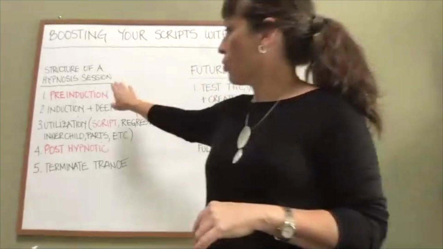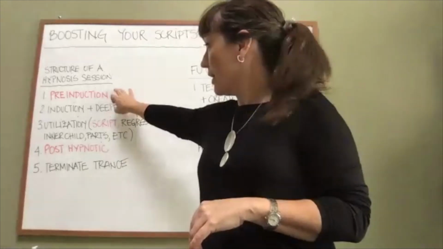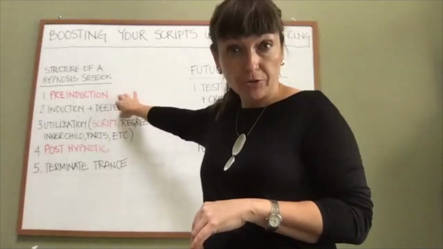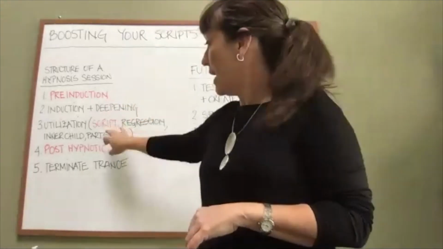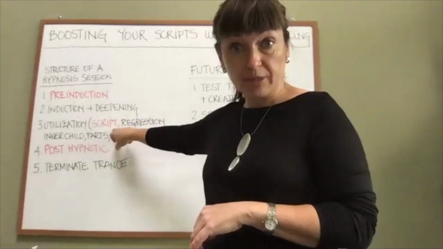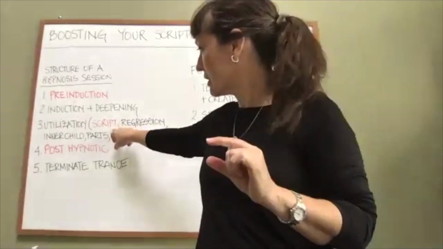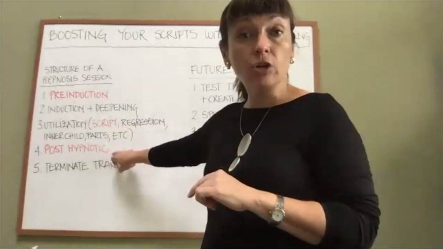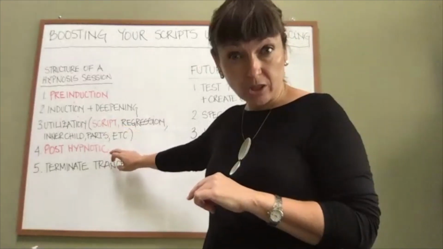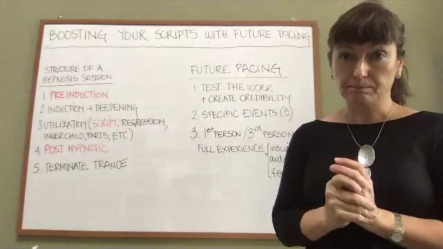So we're going to be getting the information during the pre-induction, and I'll give you some questions of how to do that, how to get that information. And then we'll be putting that information in the script itself, and we'll be looking at that script on ego strengthening and how to do that, and creating post-hypnotic suggestions that include future pacing.